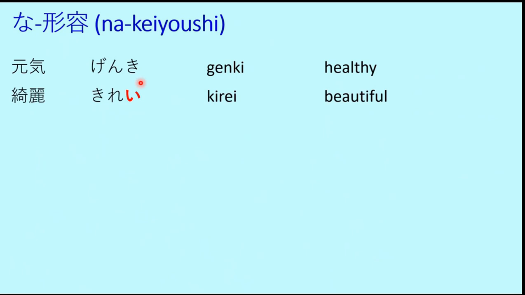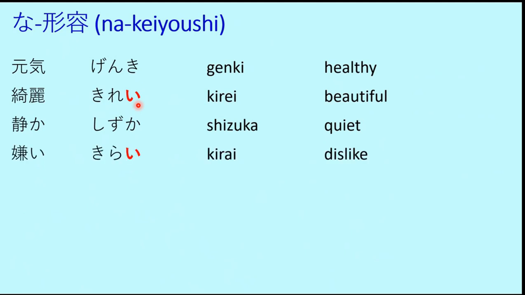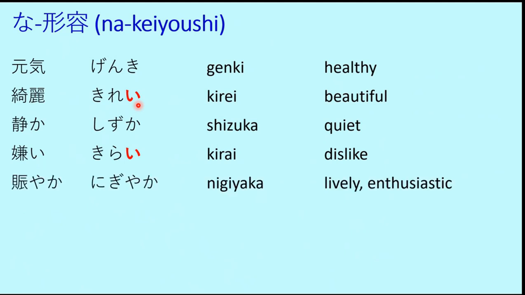Kirei, beautiful. This is an exception, that's why we have marked it with an e in red. Kirei ends in e, but it is not an i-keiyoushi. Shizuka, quiet. Kirai, again an exception as we discussed, which means dislike. Nigiyaka, lively or enthusiastic. Hima, free time or leisure time.